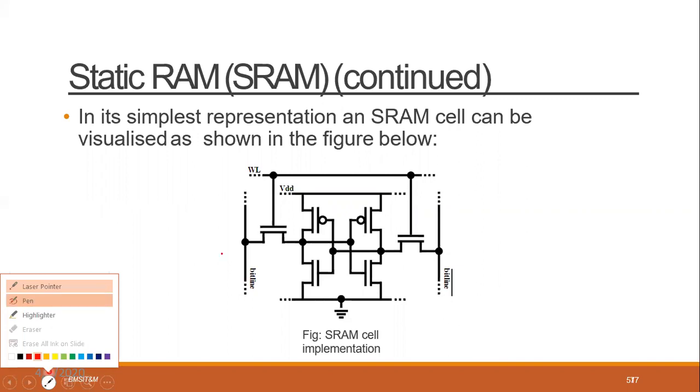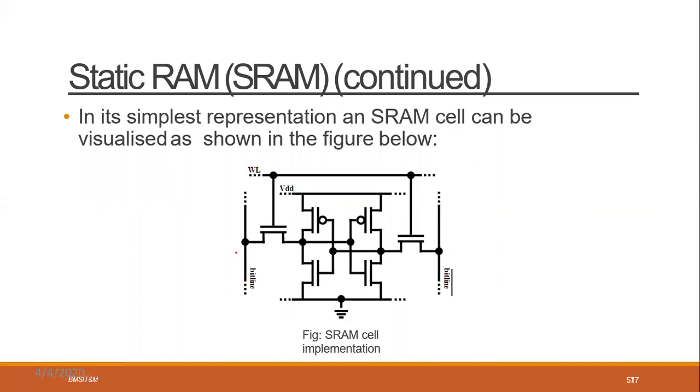I will be writing 1 to this bit line. So this is 1. Then to write data to this memory, this word line should be held high, meaning this word line should be made 1.